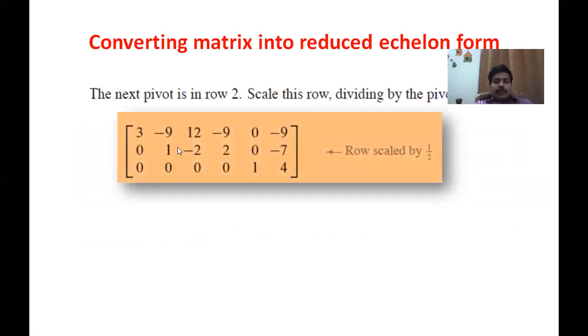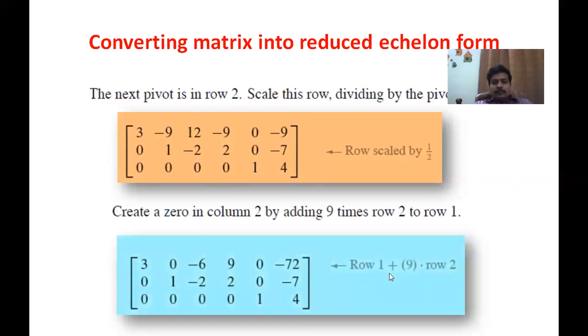So this was the right 1. Using this 1, we can convert this into 0 by using the elementary row operation: R1 is added to 9 times R2. Minus 9 plus 9 will become 0. Similarly, the remaining elements will change like this.